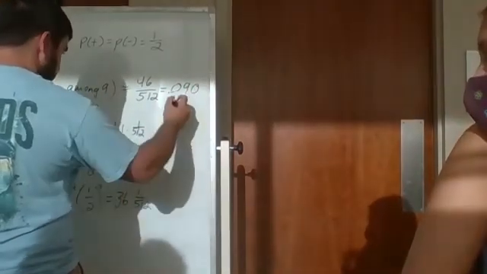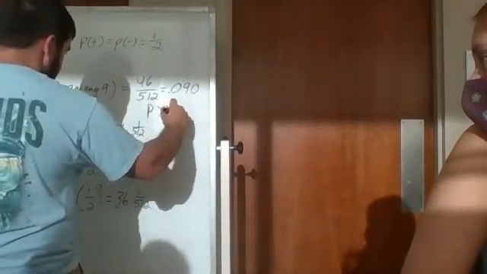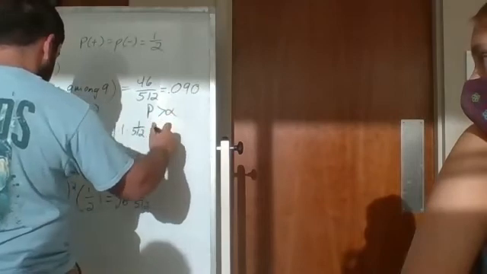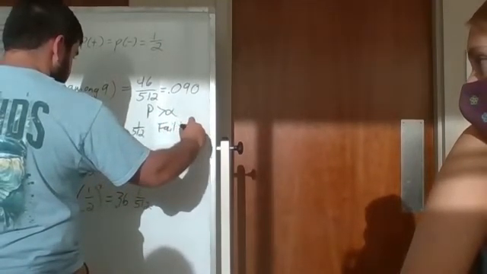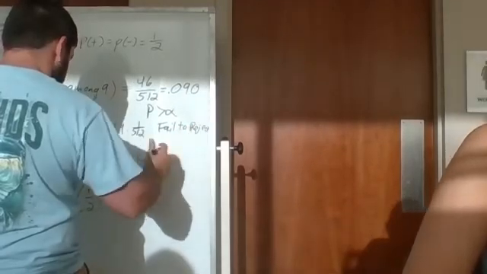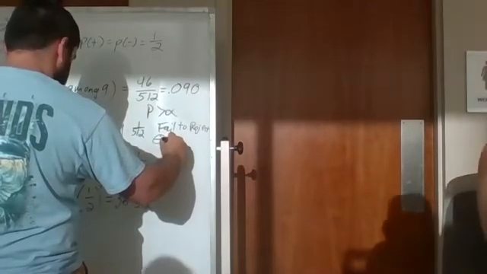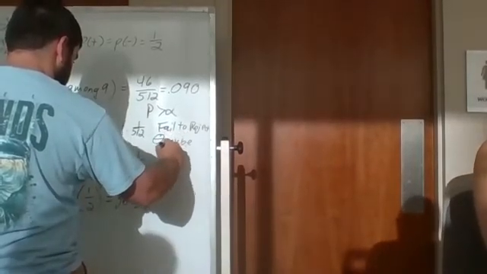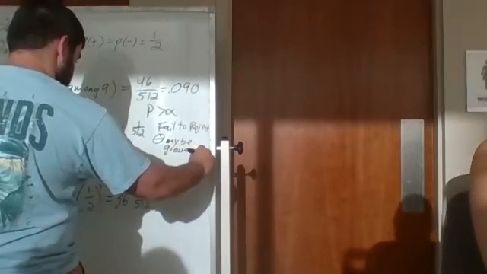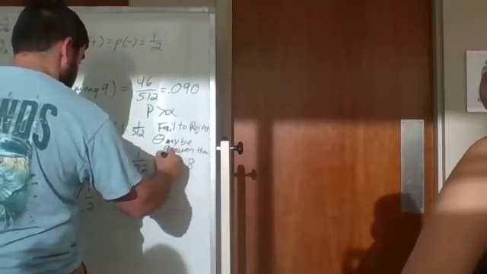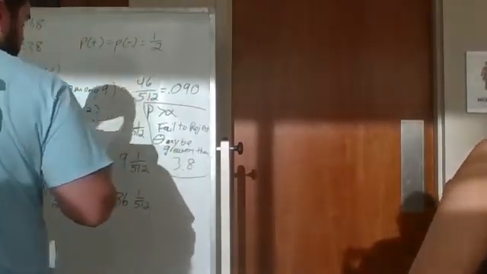And so since 0.090 is a p-value, we compare that to an alpha value, it's greater than, so you would fail to reject the null. This may be greater than 3.8. That's your answer in the sign test.